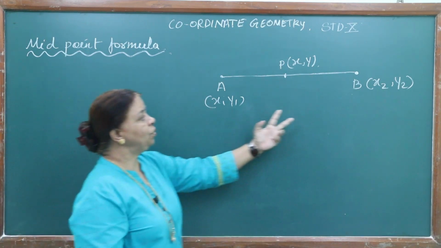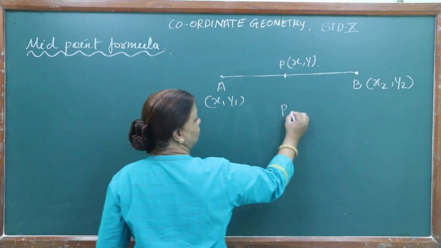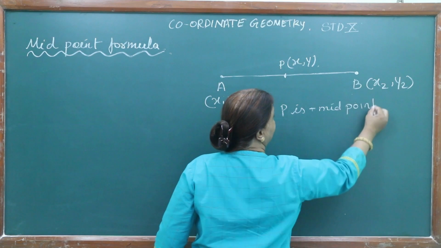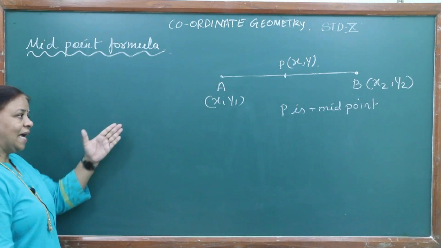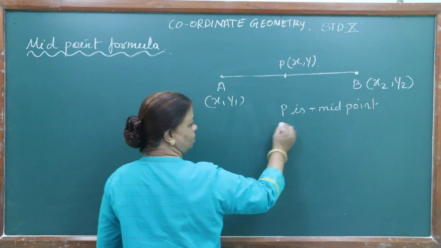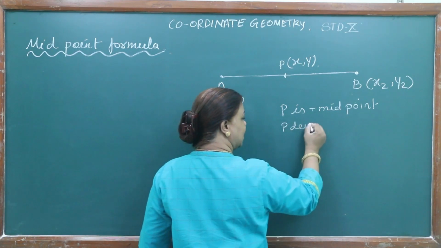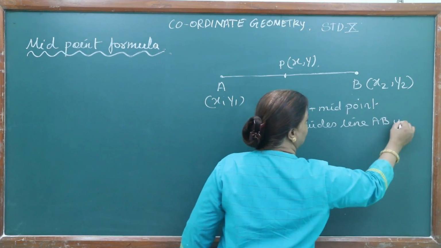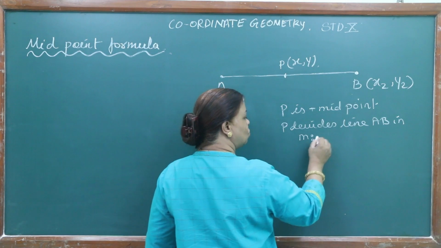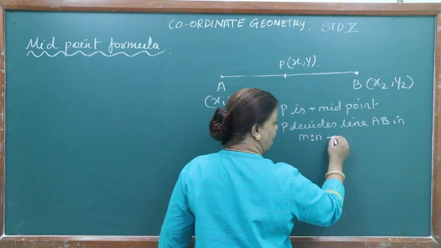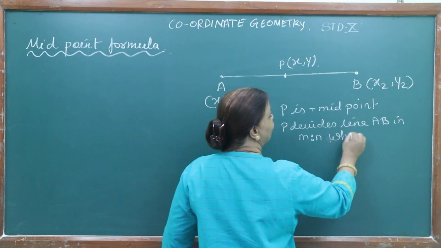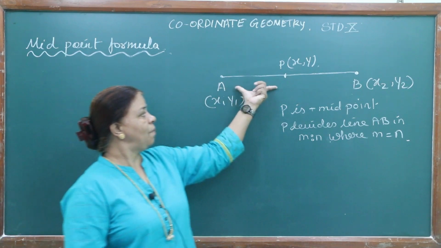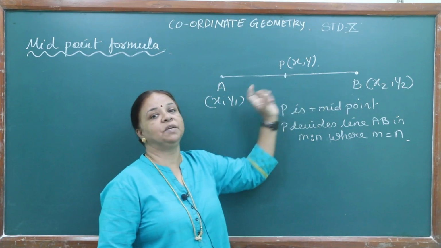Means it is dividing into equal ratio, means P is midpoint. P divides line AB in m is to n ratio, where m will be equal to n. This portion is equal to this portion because P is midpoint.